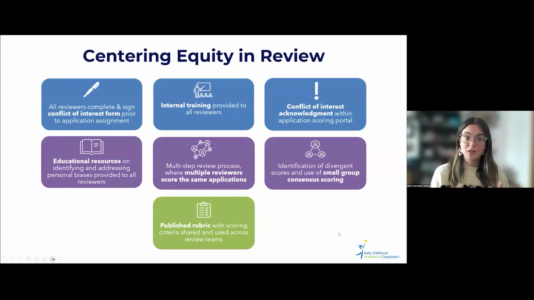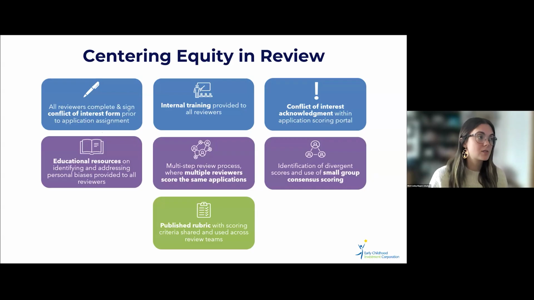So as I mentioned earlier, we take a lot of care and consideration in how we center equity in our review. And Courtney talked about it much earlier in this webinar about our priorities on the Innovation Fund and centering equity throughout all we do. And that includes in our application review and selection process.